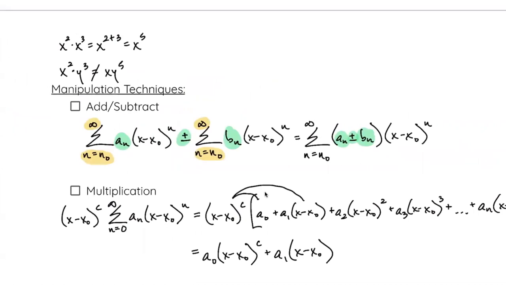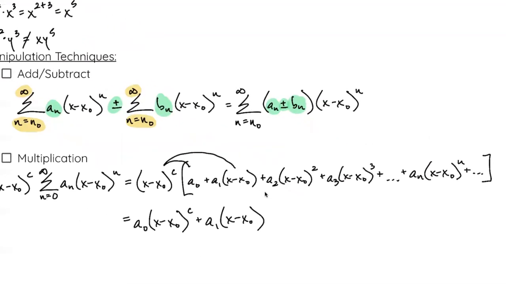I know we did a simpler example here, but both bases were x. And so we were able to say 2 plus 3 gives me 5, right? So when the bases are the same and we're multiplying, we can add our exponents. Well, the same thing is true here. My base is just x minus x naught. And so what am I going to do? I'm going to take this exponent c, and I'm going to add it to this exponent, which is invisibly a 1. So this new exponent will be c plus 1.